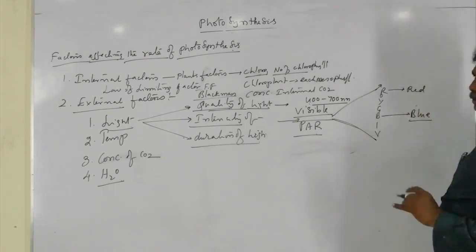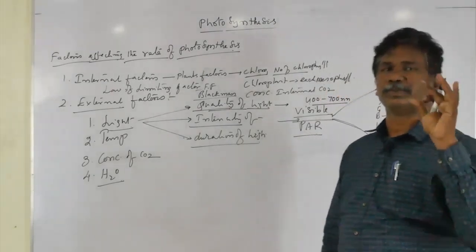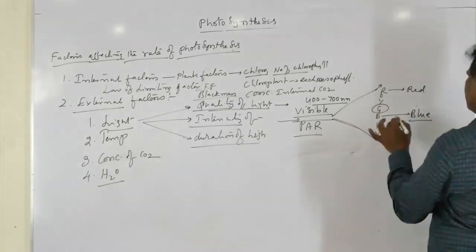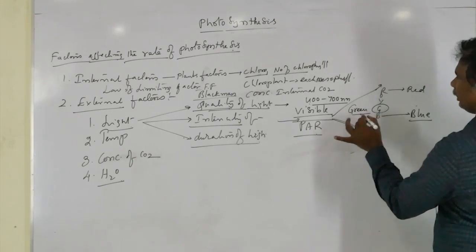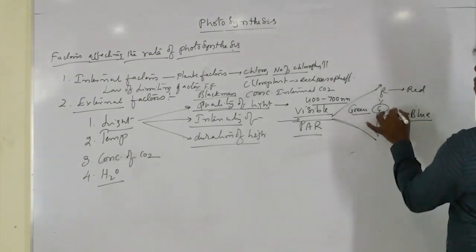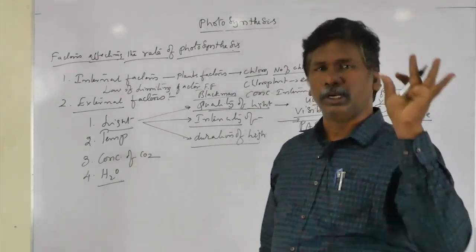In other lights, there is a small rate of photosynthesis, but there is negligible photosynthesis in green light, because chlorophyll molecules reflect the green light.